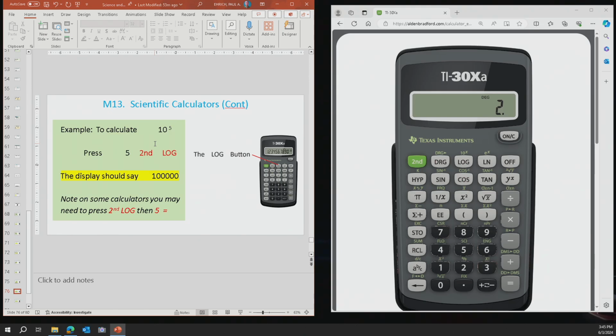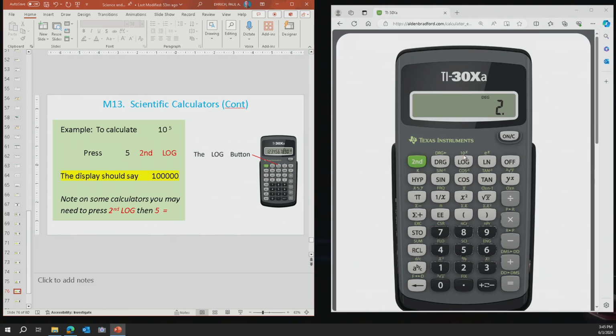So that's what the answer ought to be. But let's pretend that we didn't know that. So what we need to find is the inverse of a logarithm. If you look here, here's the word log, so that's the logarithm, but then up above it, it has 10 to the x power. So that's the inverse of a logarithm.